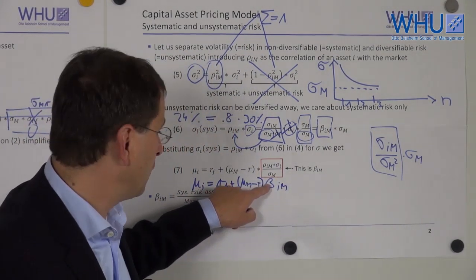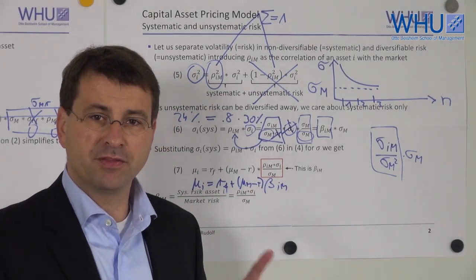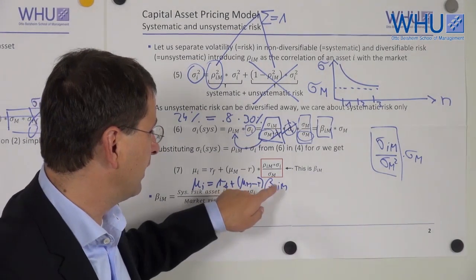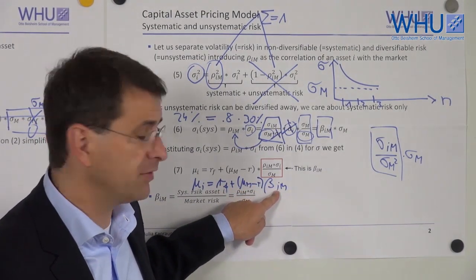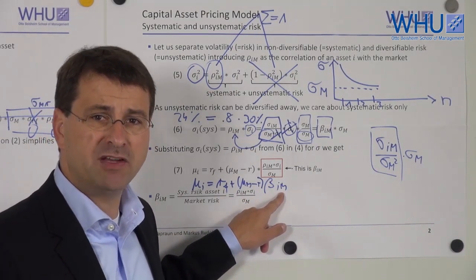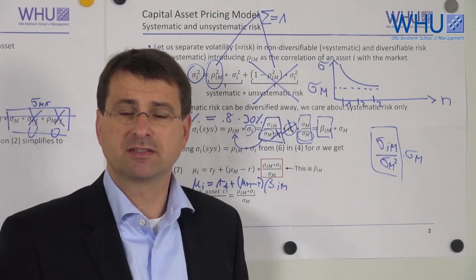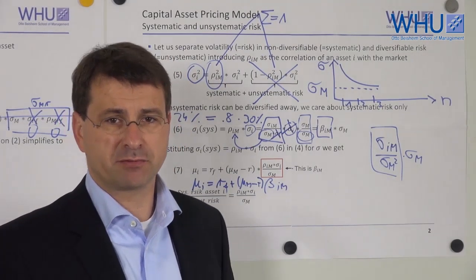So this equation looks very, very similar to the equation of the capital market line. But the difference is that the capital market line has a sigma component and here we have a beta component. So in equilibrium, beta risk is the only risk which matters, since beta risk is the only systematic risk.